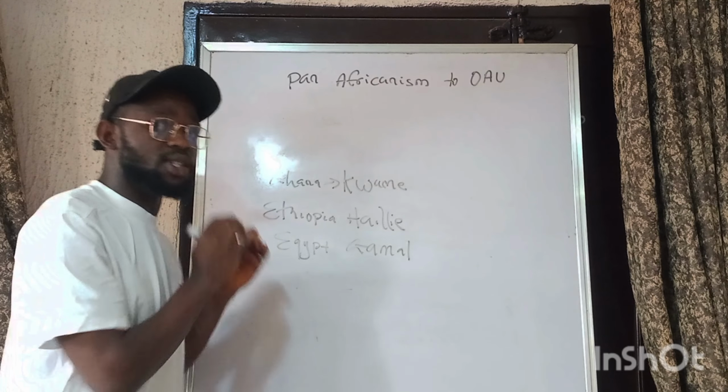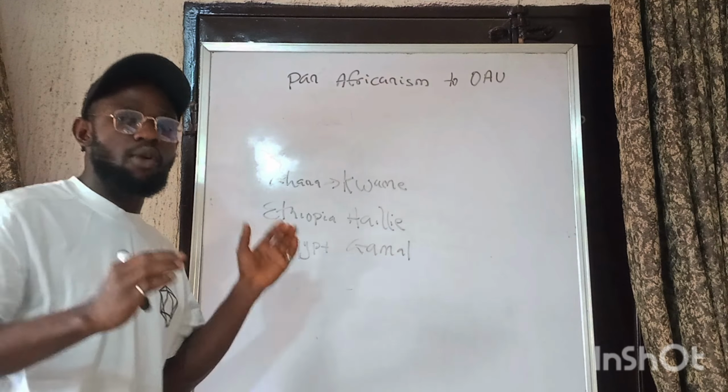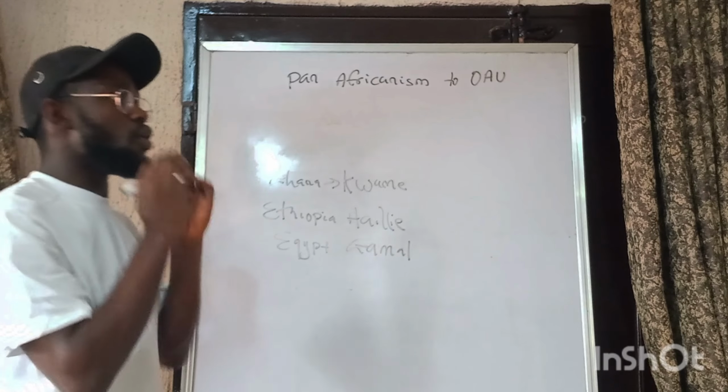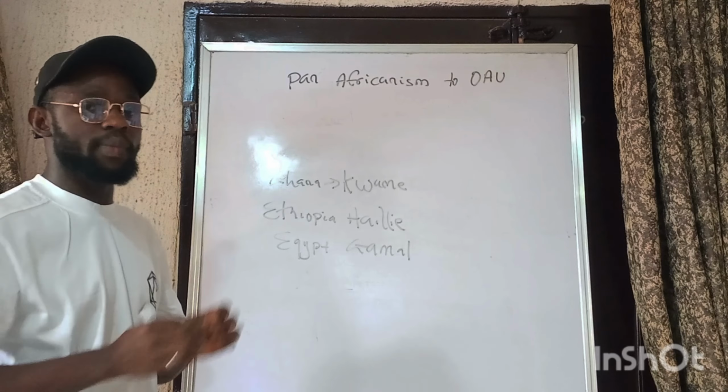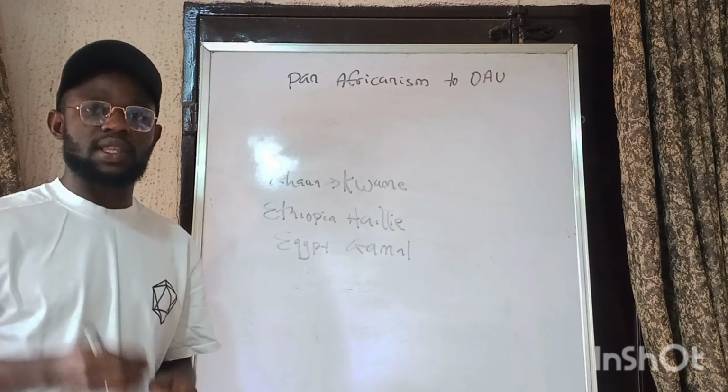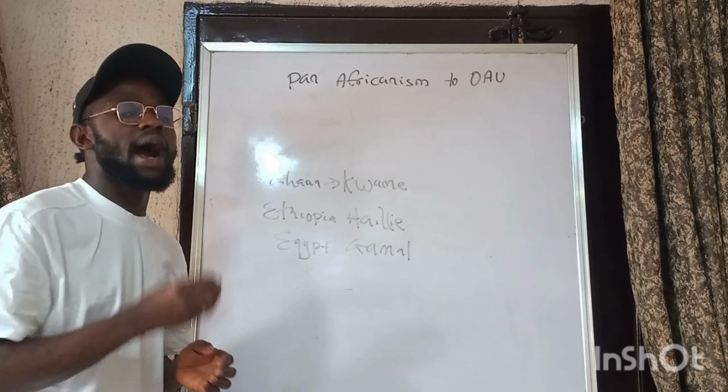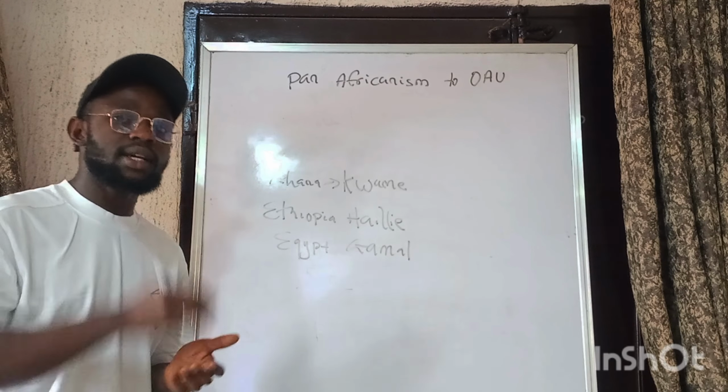So we have answered the theory questions already. I will bring the question back again so that you can answer it in the comment section. But don't forget, the OAU, when was it formed? May 25th, 1963.